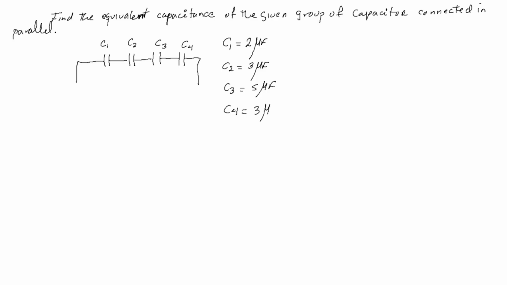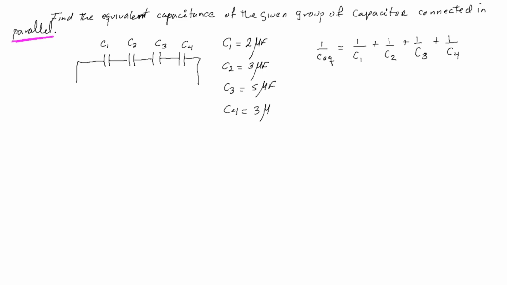Now, when the connection of the capacitors is in series, we know that the reciprocal of the equivalent capacitance will be equal to 1 over the capacitance of capacitor 1 plus 1 over the capacitance of capacitor 2 plus 1 over the capacitance of capacitor 3 plus 1 over the capacitance of capacitor 4.